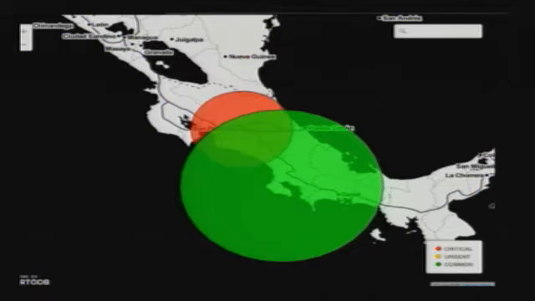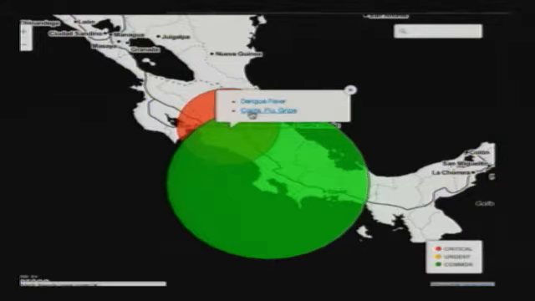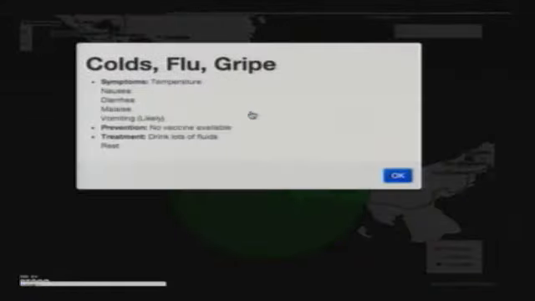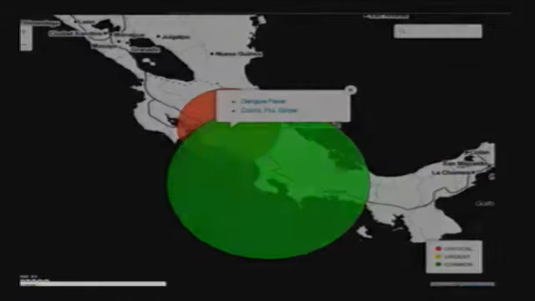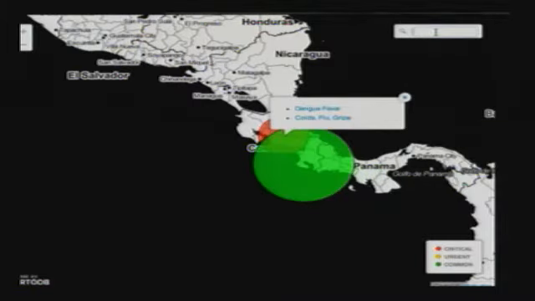So what we built is an open platform for health alerts to be pushed and to create a map that represents all the health alerts in the world, in any place, at any time. So you get a map which you can click and access all the information for all the symptoms and prevention and treatment for any given disease.